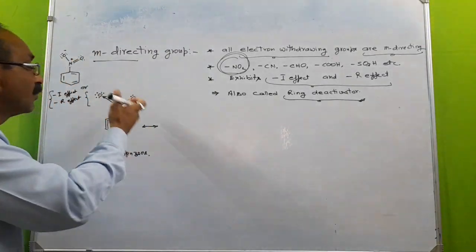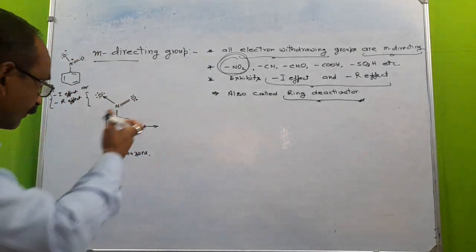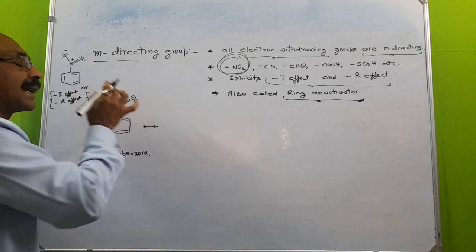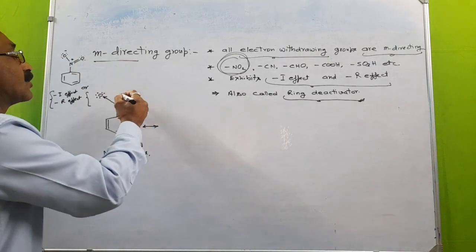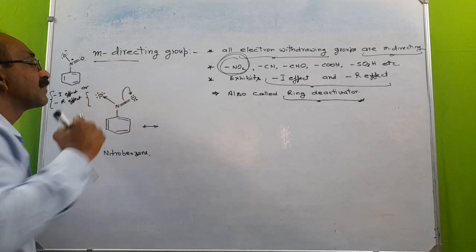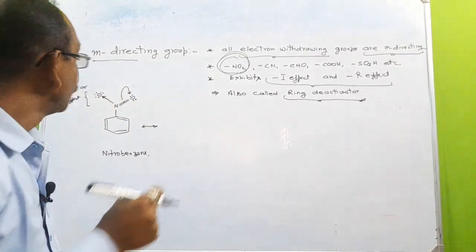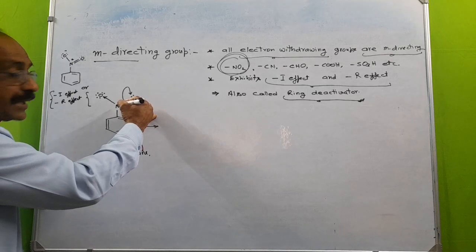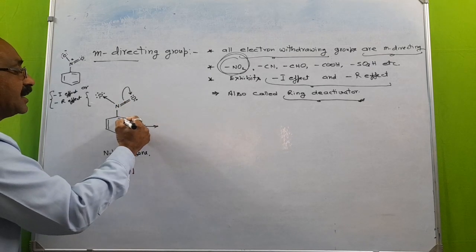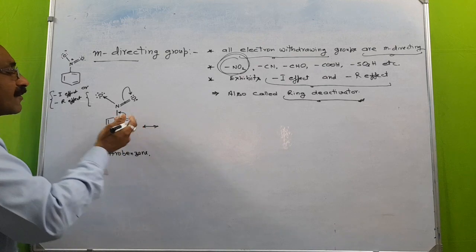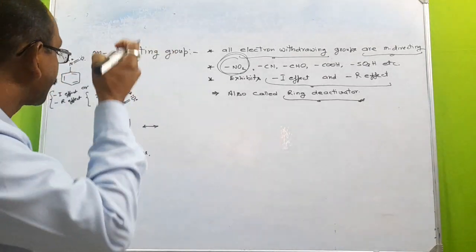So we are going to show how this happens. See here, there's a double bond between the nitrogen and oxygen. Oxygen is more electronegative, so the electron pair of this pi bond will shift over the oxygen. Now this nitrogen has lost its electron, and in order to compensate its deficiency, it will pull the electron from the ring.